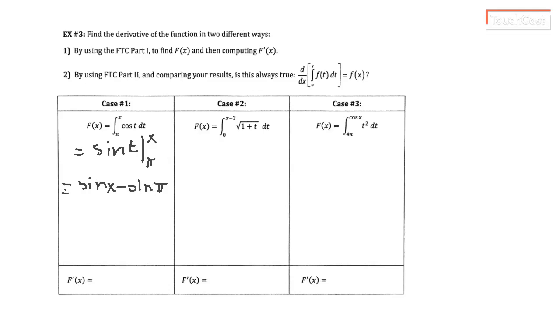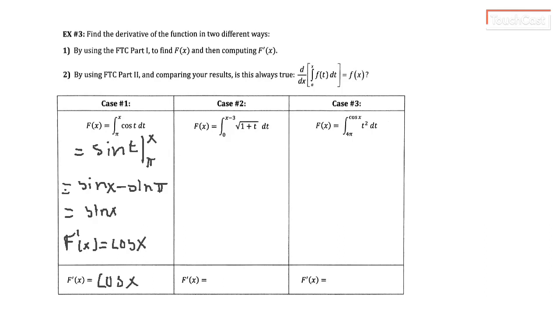Sine of x is just sine of x. Sine of pi, on the other hand, is 0. So we're going to end up with just the sine of x. From there, if I find the derivative of that, we're going to end up with just cosine of x. So in this case, we do get the function back. They are inverses. So cosine x is the derivative of big F.